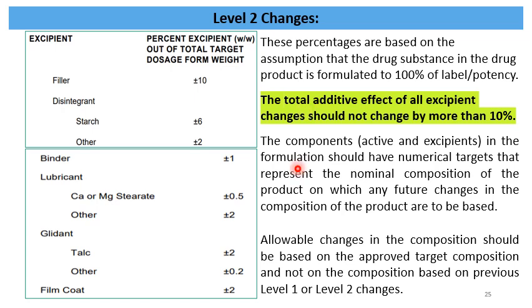And similarly, all the components in the formulation should have numerical targets that represent the nominal composition of the product on which any future changes in the composition of the product are to be based. Allowable changes in the composition should be based on the approved target composition and not on the composition based on the previous level 1 or level 2 changes. So whenever you are going to change the formulation the first time, second time, third time, please refer to the original composition and not the changed one.